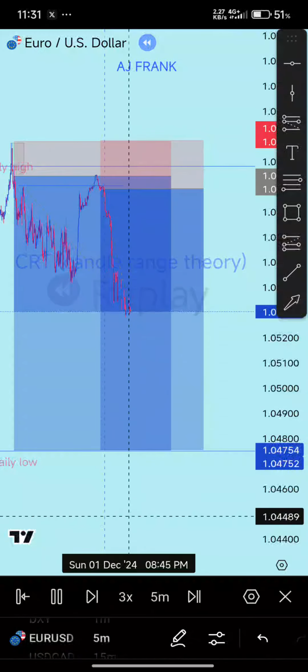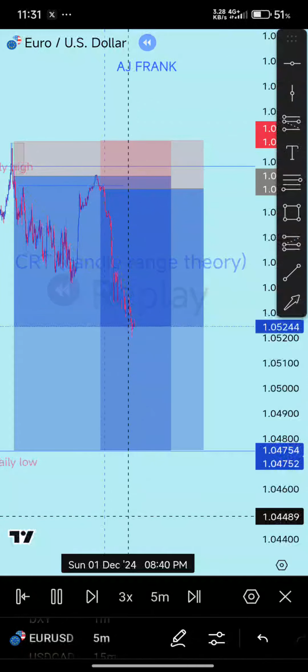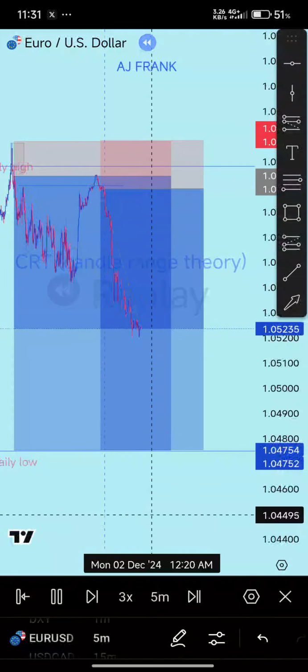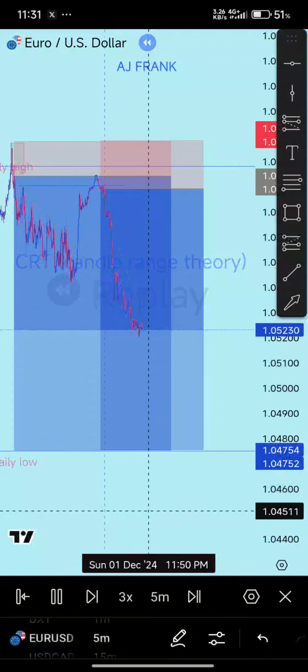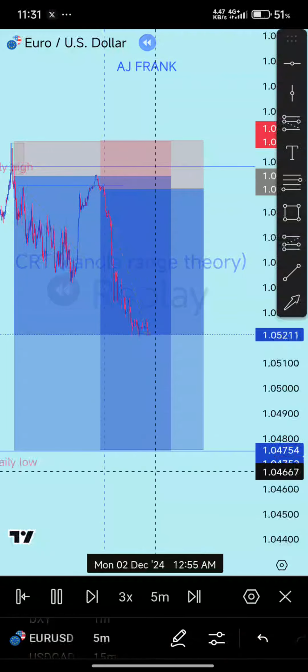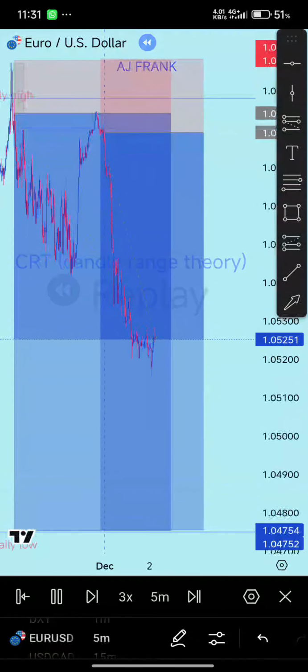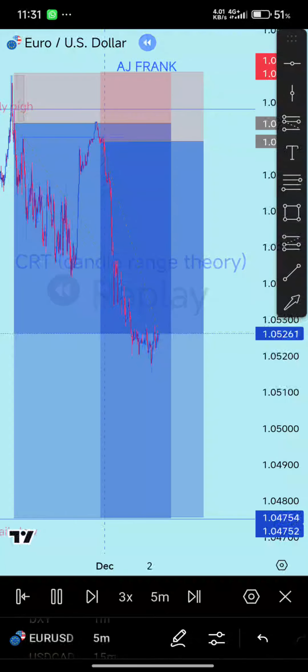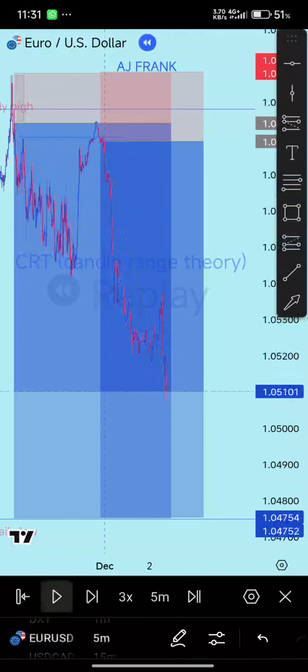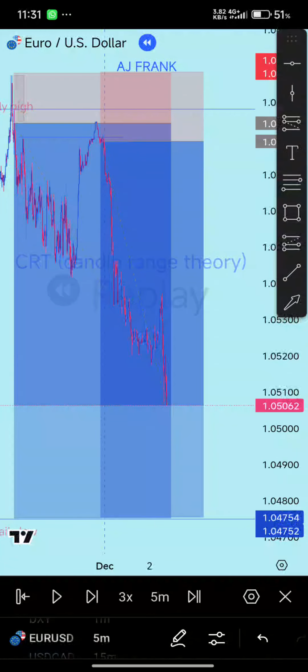Sunday midnight opening of Sydney session. So we have entered Monday. And the trades are still running, the 2 trades. I'm trying to see if I'll get another entry.